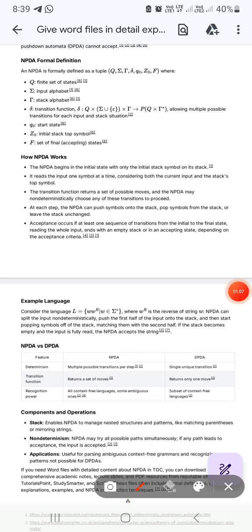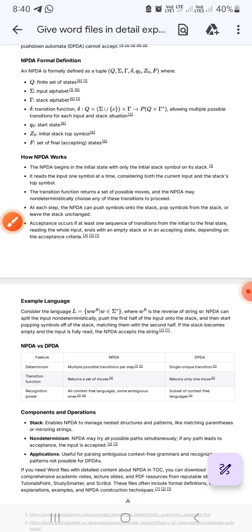Then the delta function, which is the transition function, and for the NPDA the transition function is delta: Q × (Σ ∪ {ε}) × Γ, giving values that allow multiple possible transitions for each input and stack situation. Then q0, which is the start state, Z0, the initial stack top symbol, and finally F, the set of final accepting states. So all these symbols, or parts, play a very crucial role.